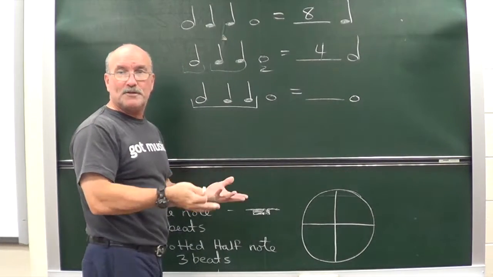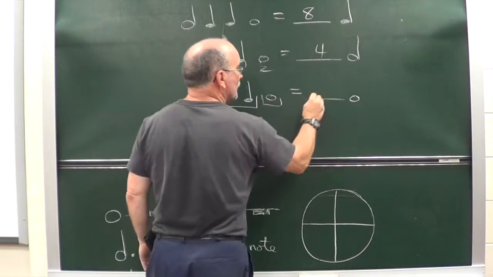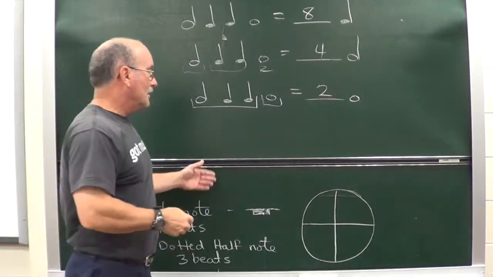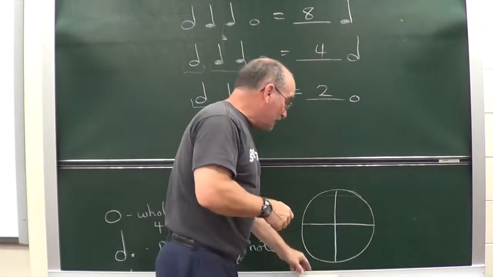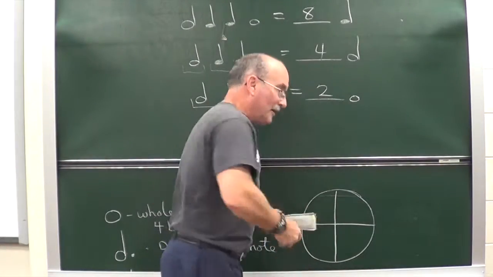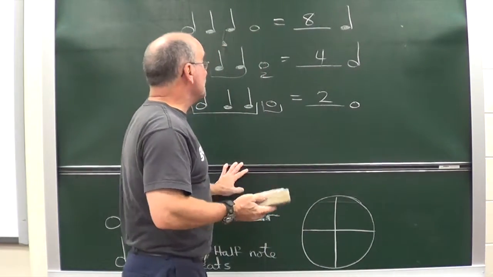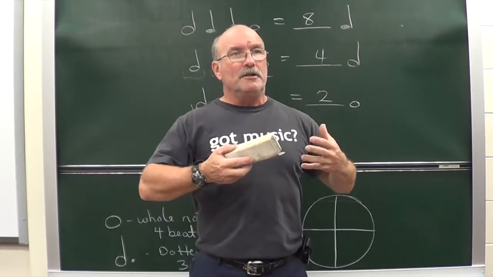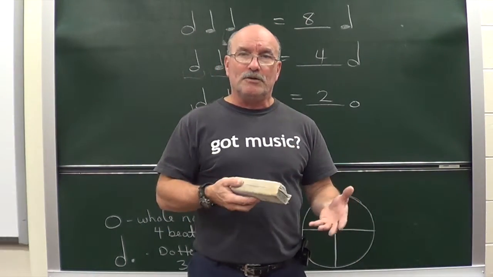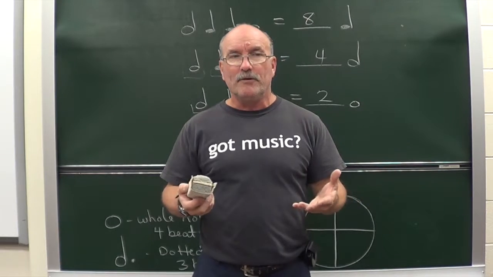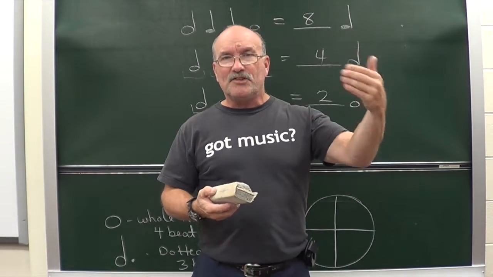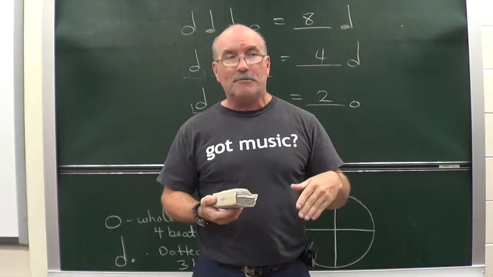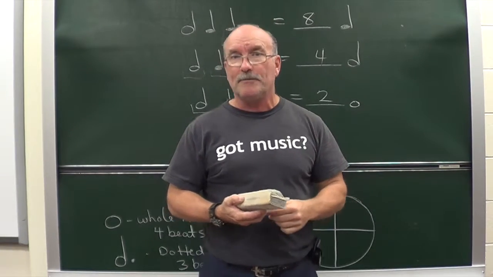You'd have to group it in groups of 4. There's a second whole note, so the answer is 2 whole notes. Make sure that you read all of the questions carefully. On the assignment, they specifically ask you to put in either the proper number or the number of notes equal to the equation that they give you. But everything, I've given you examples at the beginning of each question. Just follow that example. Do the same thing for every question which follows it.